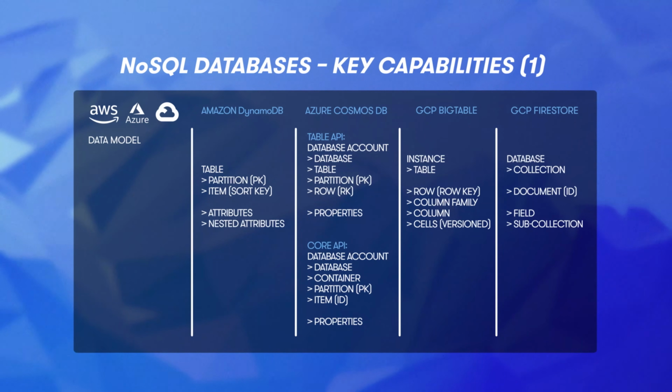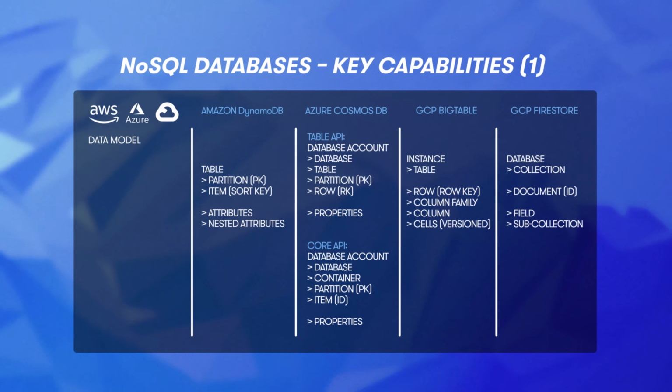All services have a table or collection concept, which contains rows or documents, which have property values. DynamoDB and CosmosDB have explicit partition keys to allow for sharding and grouping rows. Bigtable has a unique property where individual cell values are versioned, so you can get the history of a value.